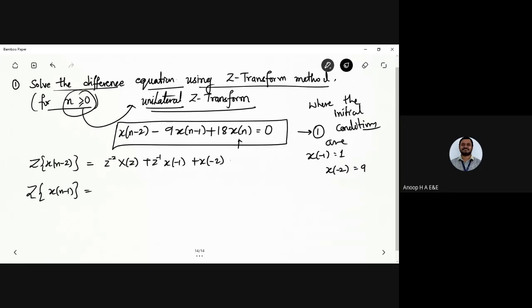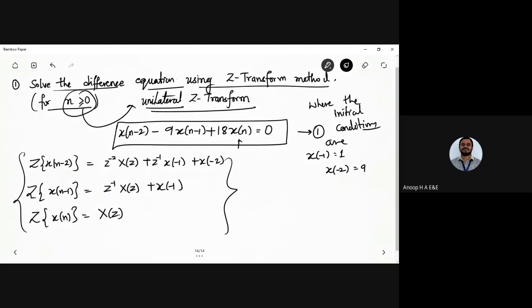Okay, so now how would it look? It would be z inverse X(z) plus x(-1). Okay, next, Z transform of x(n), that would generally be X(z) here. So this is how it would look, and you can use the delayed sequence.